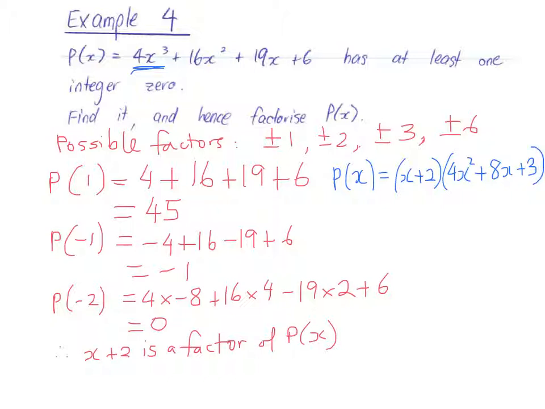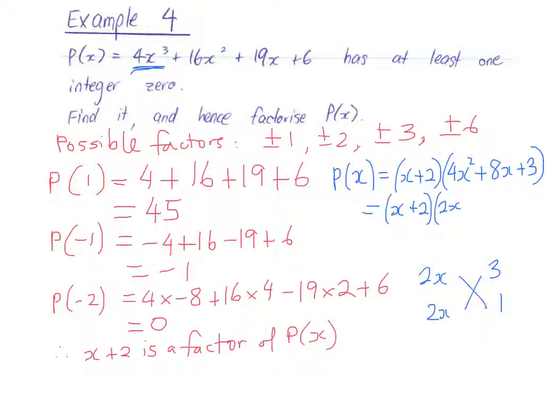And it says factorise, so we want to make sure it's fully factorised. So we've got a quadratic factor and a linear factor, and we can use the cross method to factorise 4x squared plus 8x plus 3, and that's going to be maybe 2x and 2x is 4x squared, 3 and 1. Let's try that. 6x plus 2x is 8x, brilliant.